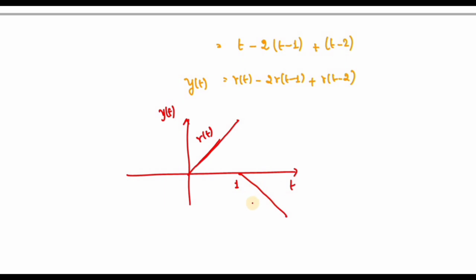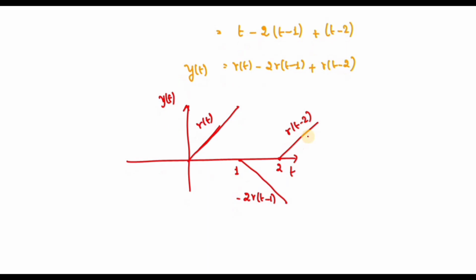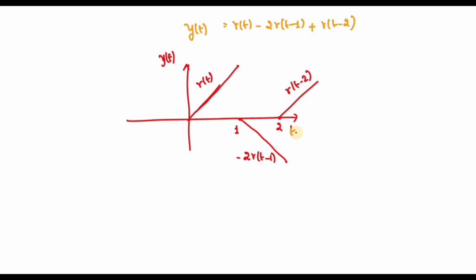So this is my minus of 2 of r of t minus 1. Next from 2 I have r of t minus 2. Okay. So this goes on.